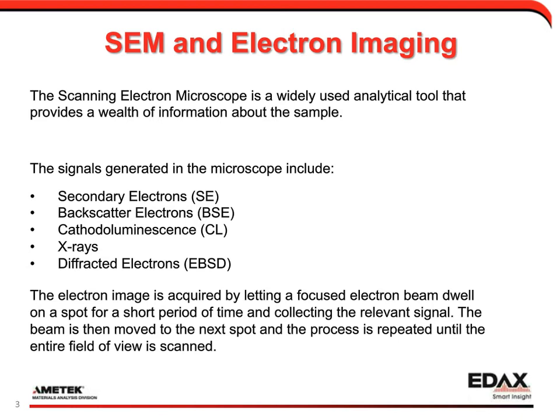Once we're done with that spot, we move over to the next one, collect the signal again, and so on, until we have scanned the entire field of view and built up an image like that. So it's not like a standard optical microscope where you acquire your full field of view in one go. It actually rasters or scans across and does it spot by spot.